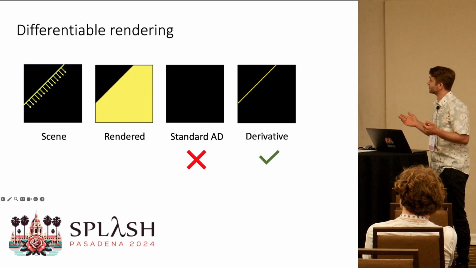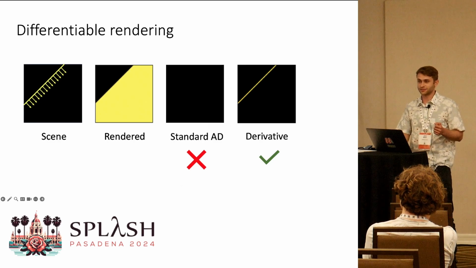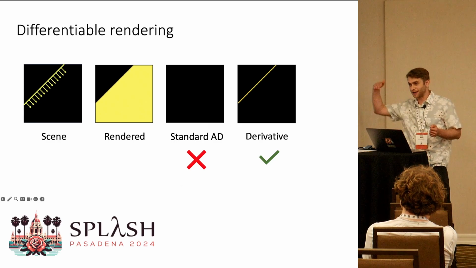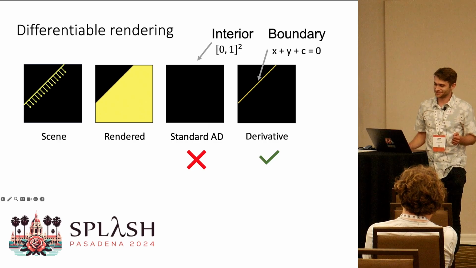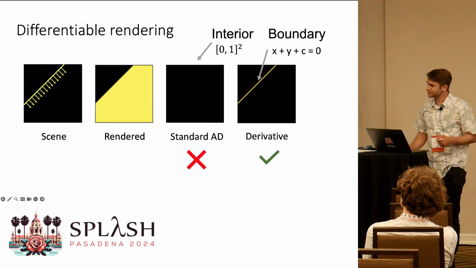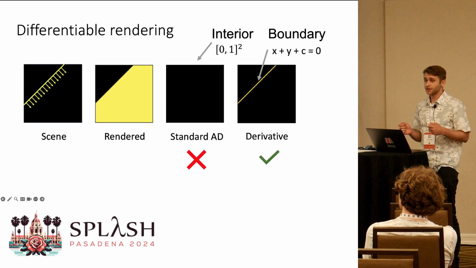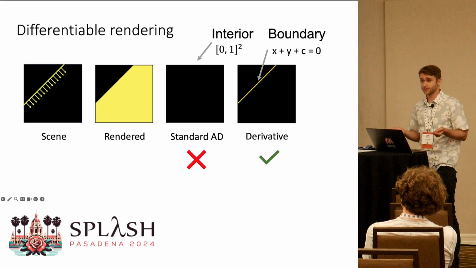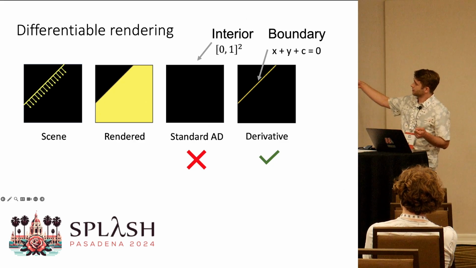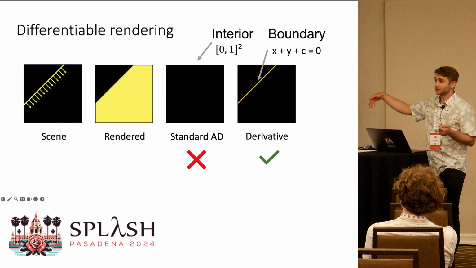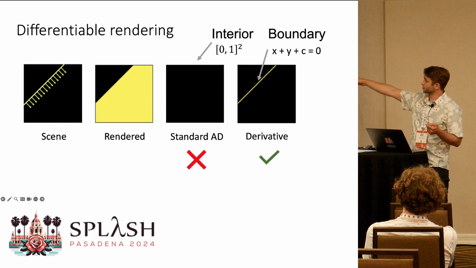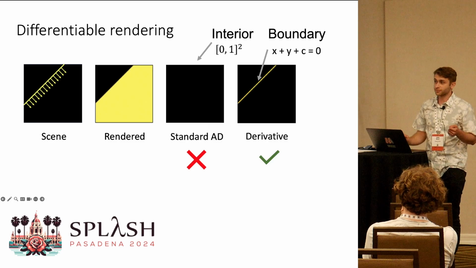And the correct derivative is just this diagonal, right, for that moving area light. All right, so this derivative really comes from two terms. The first term is the interior, which, because we had a constant shader, was 0, right? So this first term is 0. And then there's this boundary term as well.